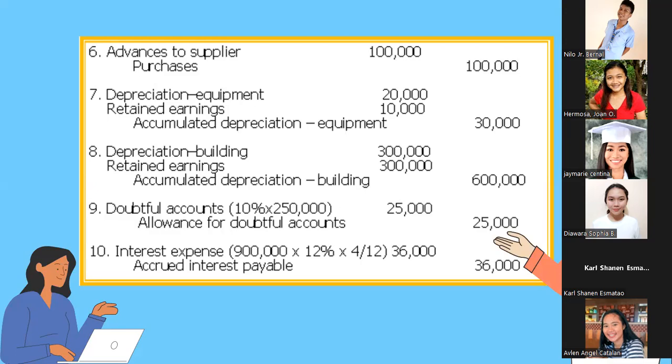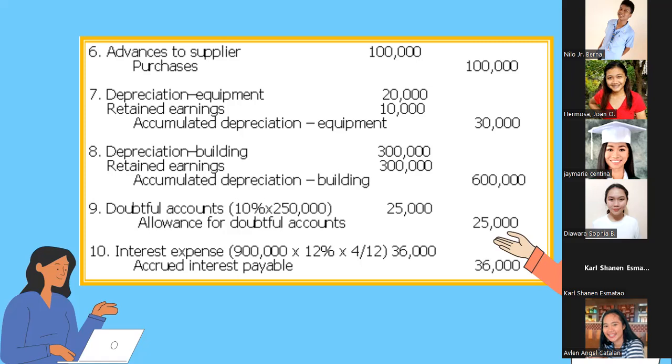It is from the 900,000 value of the mortgage multiplied by 12%, multiplied by 4 over 12, so the interest from September 1 to December 31, 2021. So we have 4 months. So that's all for requirement number 1.